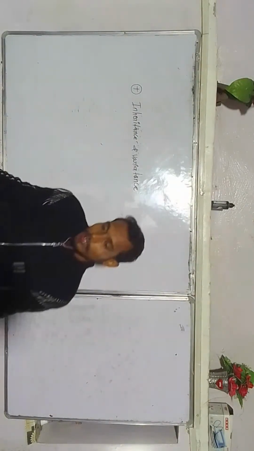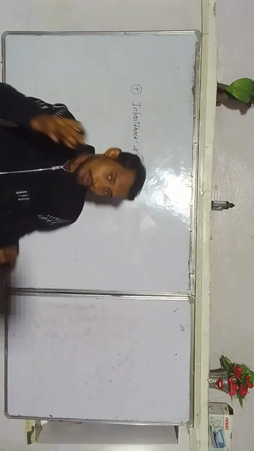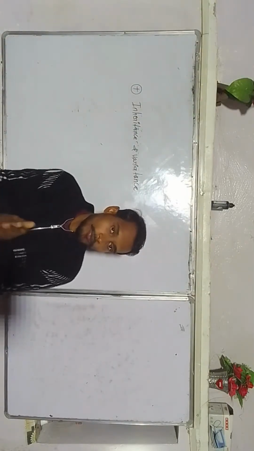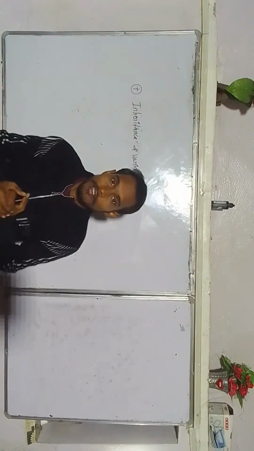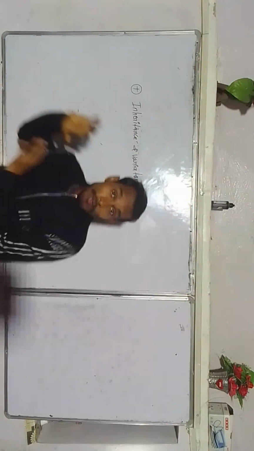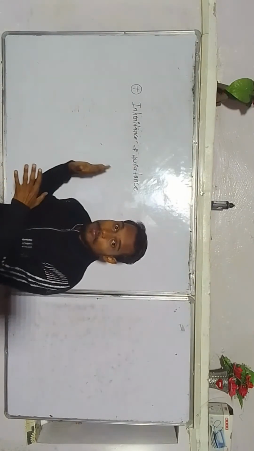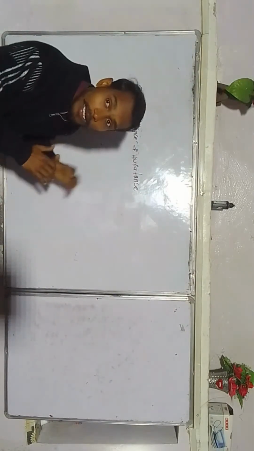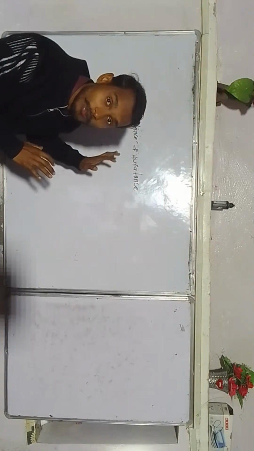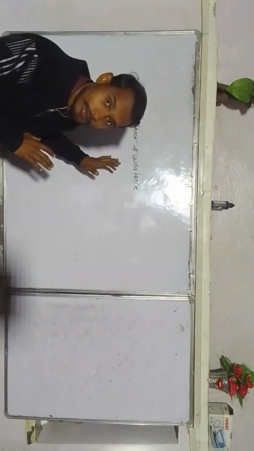Listen. First of all, from the medical point of view, like an entrance exam, NEET, it's a very interesting chapter, because the examiner asks the most important questions from this chapter.